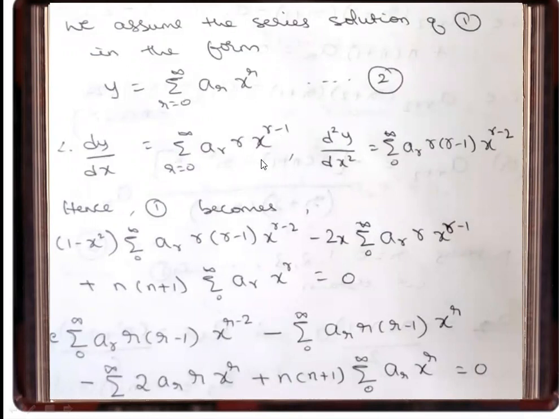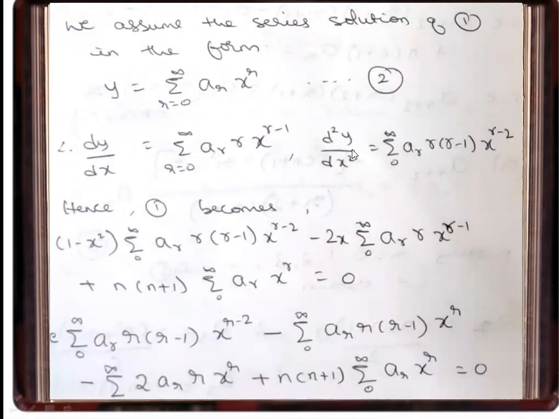Next, differentiate again this dy by dx with respect to x, so that you get d square y by dx square equal to a r is a constant, multiply as it is, r is also constant, write as it is. Then the derivative of x to the power r minus 1 is r minus 1 into x to the power r minus 2.